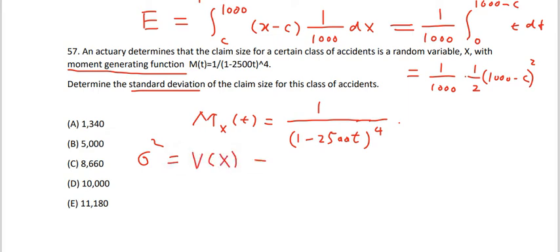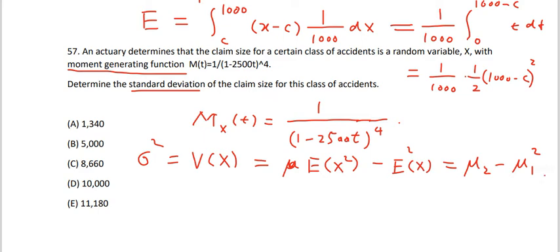So variance equals mu2 minus mu squared, or E[X squared] minus (E[X]) squared. We can denote this as mu2 minus mu1 squared. From the moment generating function, how can you find mu2 and mu1?